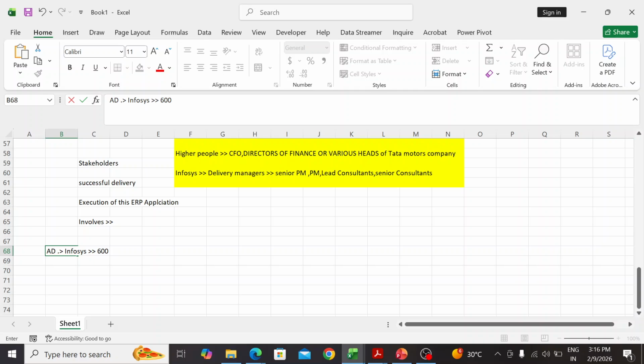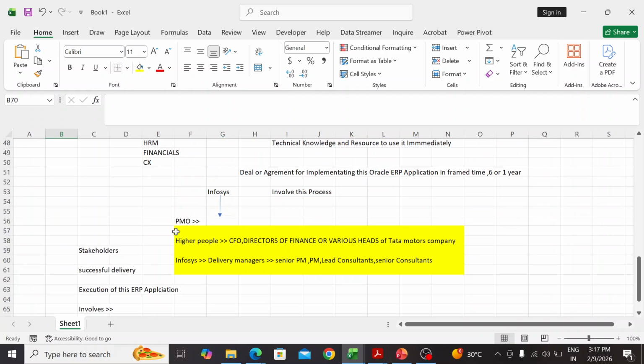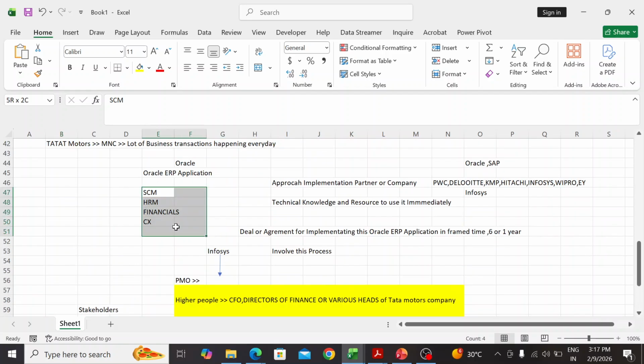They invested $600 million for implementing this ERP application across various streams, like SCM stream, HCM stream, financial stream, customer experience, supply chain management, inventory, procurement, all these streams.